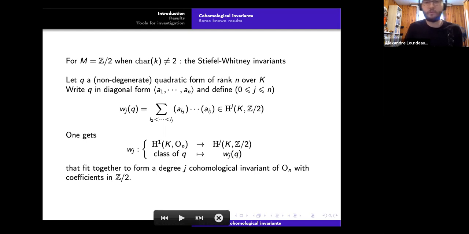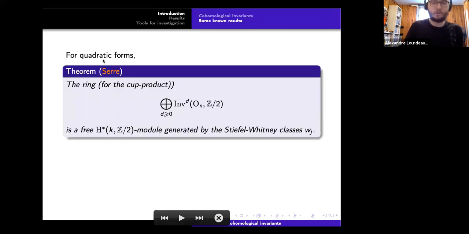And now for the rest, I will just state some known results. First, a result related to the Stiefel-Whitney invariant. So this is a theorem from Serre.